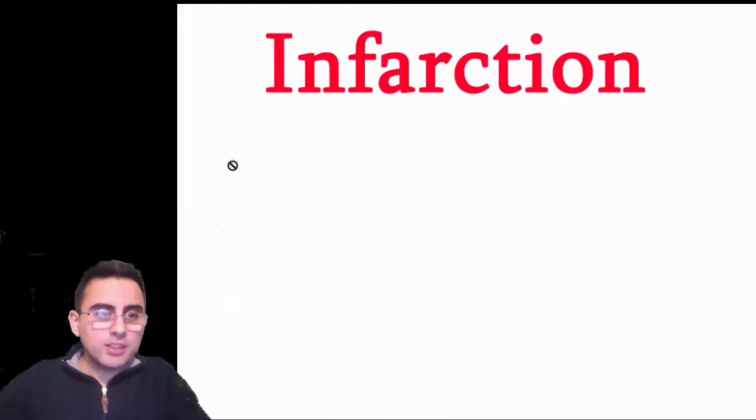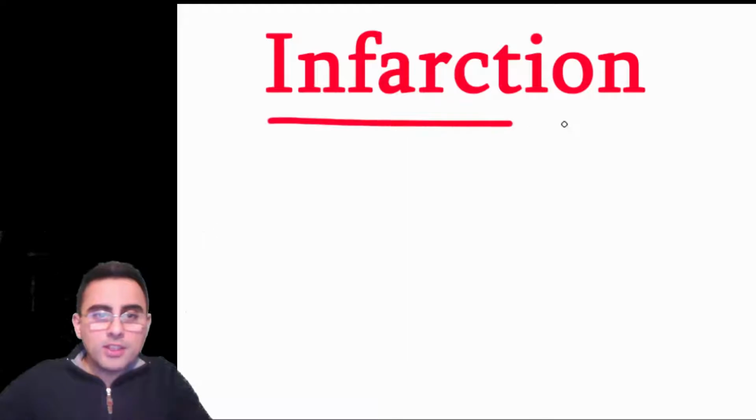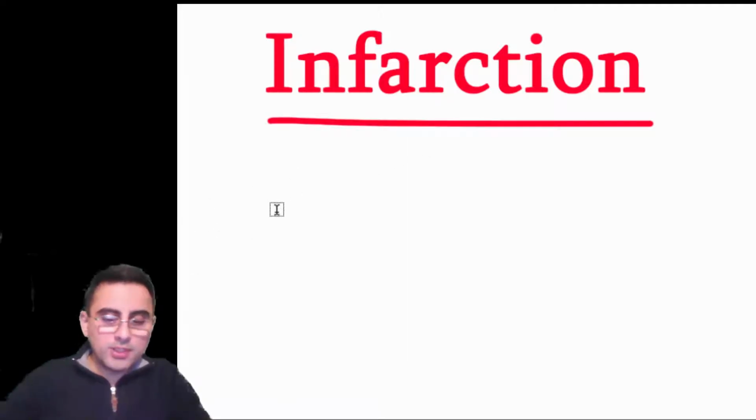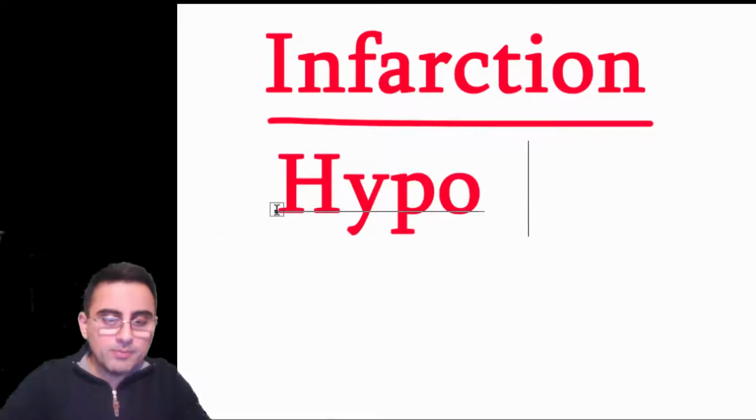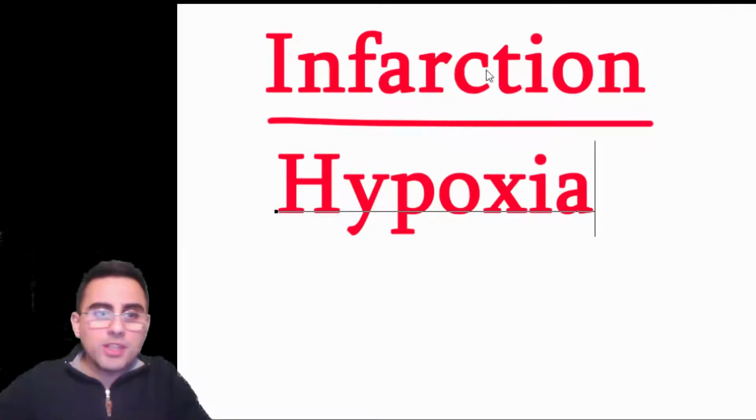What is infarction? Infarction is a localized necrotic area, necrotic tissue. When it's localized, it's infarction, and it is called the infarction site. Infarction is caused by hypoxia, and hypoxia is caused by ischemia.